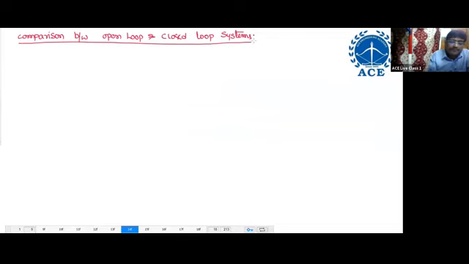between open loop and closed loop systems. So on one side the open loop system, on the other side the closed loop system.